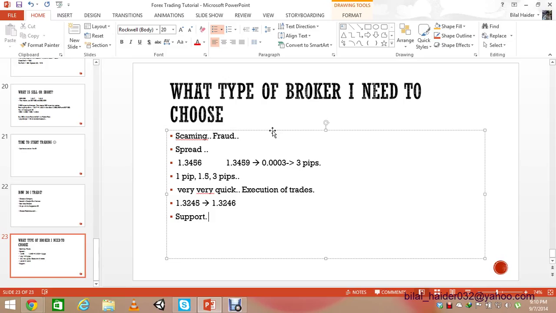If you emailed them today and you get a response after 2 weeks or something, that's not the broker you're going to choose. The response from the support team must be very quick, or you can say their support must be very good.